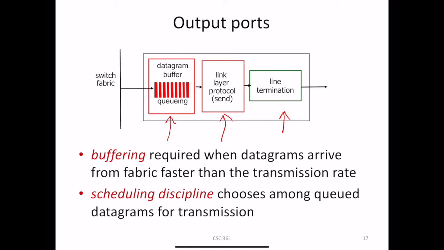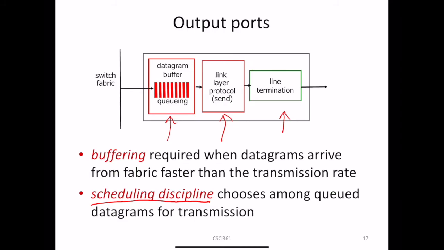And also here there is scheduling discipline, which chooses among queued datagrams for transmission. Actually, it decides the order, so which datagram can be transferred to the next hop first.